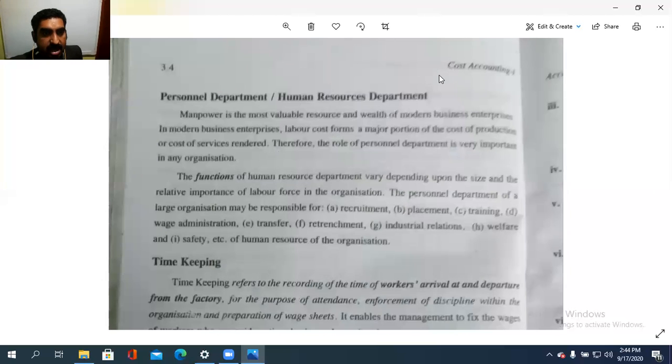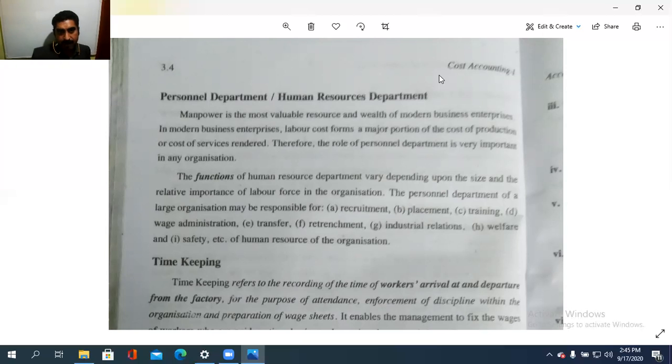Then what is a personnel department or HR department? This is to be dealt with by the HR department or the personnel department in an organization. Manpower is the most valuable source and wealth of modern business enterprises.